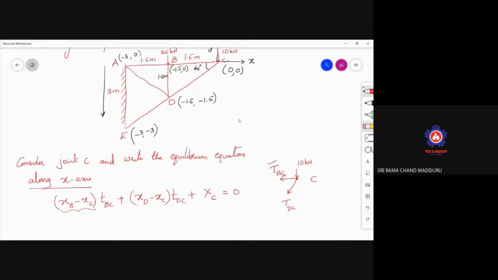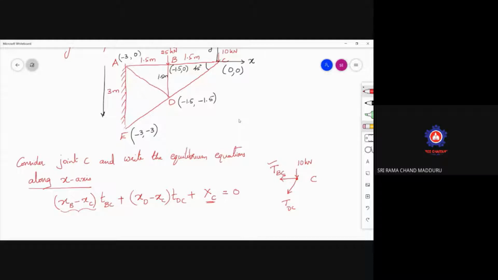This XC is the external force acting along the x-axis. Is there any external force along the x-axis? No, the 10 kilonewtons is along y. So along the x-axis there is no force; only along the y-axis the force is acting.